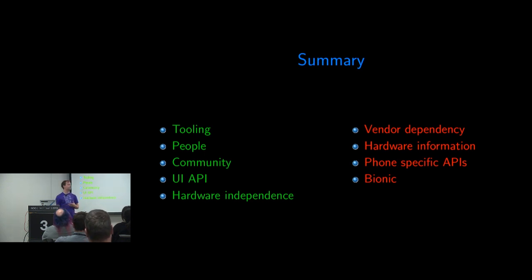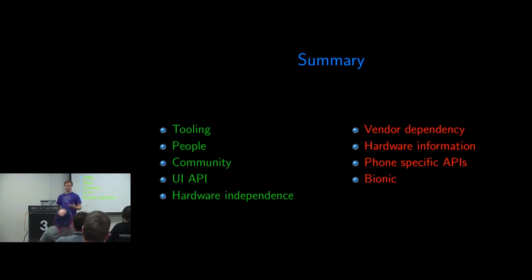On the negative side, it includes a vendor dependency, a very hard vendor dependency that you probably didn't have if you didn't use Android. If you need some information about hardware, especially if you use custom hardware like we do, you might need to work around Android to actually get that information or do something with that hardware.